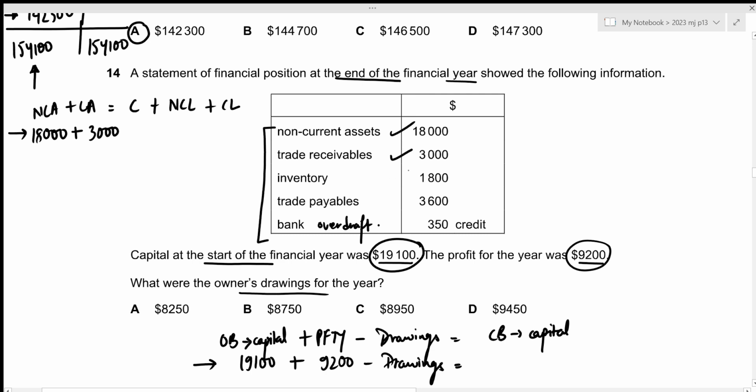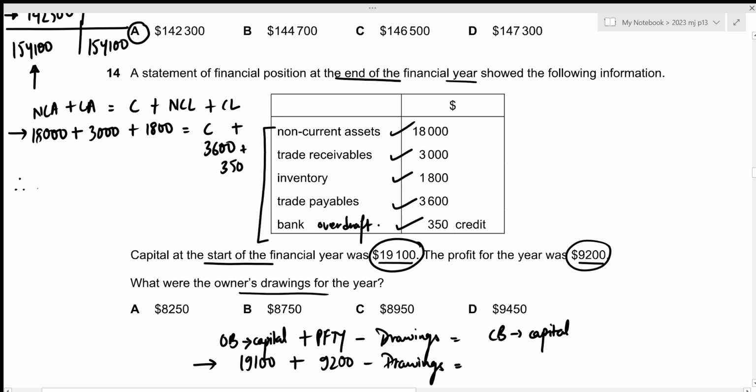We have inventory, which is also a current asset. Then we have trade payables and bank overdraft. Both of them will be our current liabilities. So that's equals to capital plus 3,600 for trade payables plus 350 for bank overdraft. And we're not given any information regarding non-current liabilities, so we just assume it to be 0.